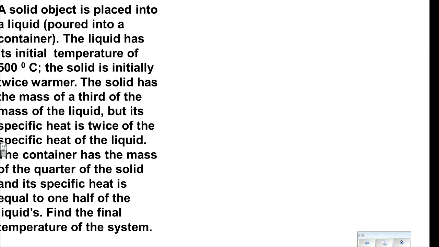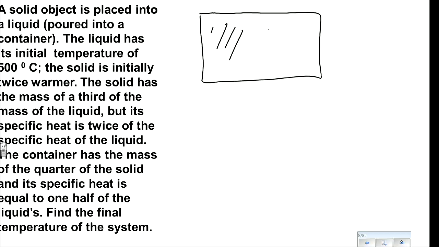Well, okay, I'm going to read and draw. We have two objects here put together. We have some liquid, and we have some solid object.